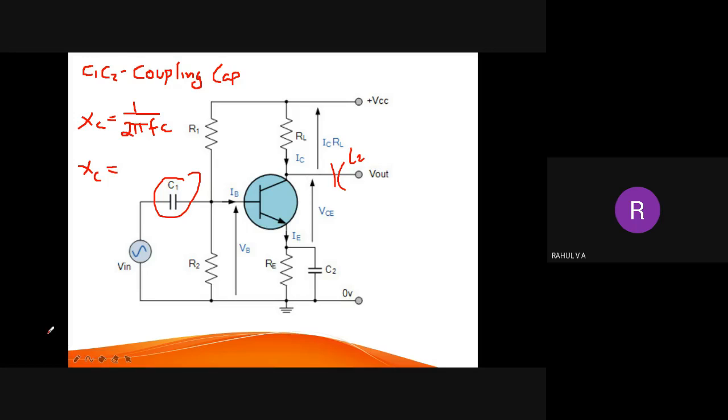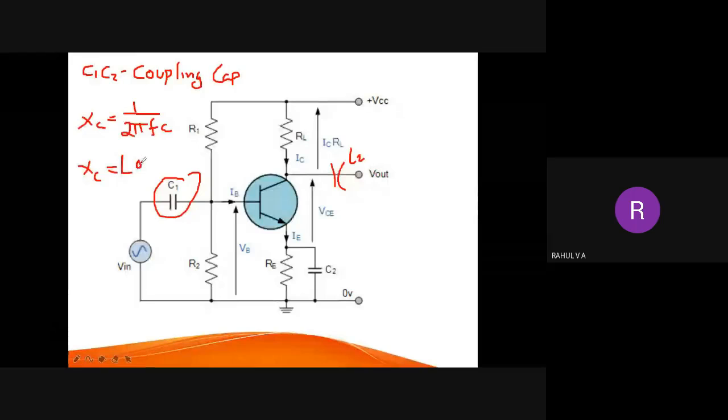If the denominator value is high, what about the result? Xc value will be low.